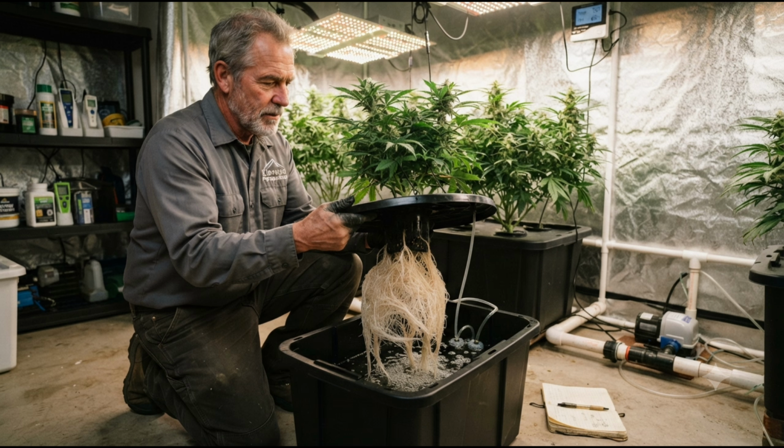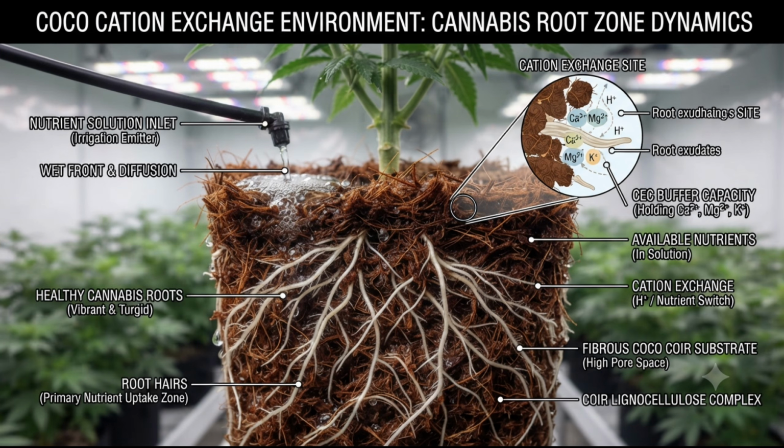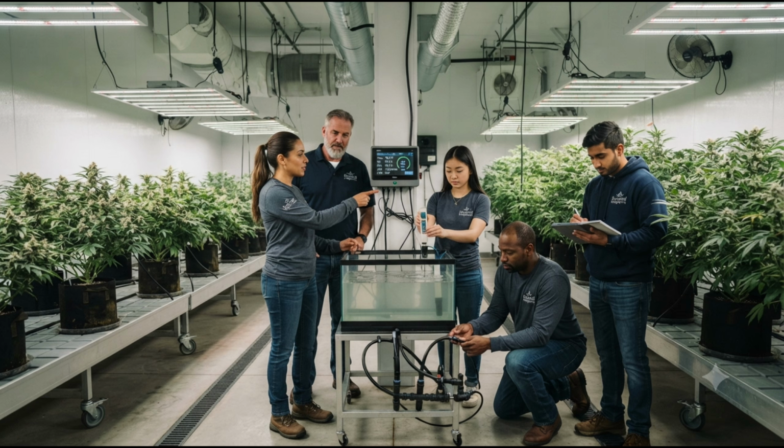Living soil generates ions through microbial decomposition and organic cycling. Coco mediates ions through exchange sites and buffering interactions. Rockwool and perlite provide uniform physical delivery with minimal chemical interference. Aquaponics generates ions through continuous microbial conversions within a living aquatic ecosystem.